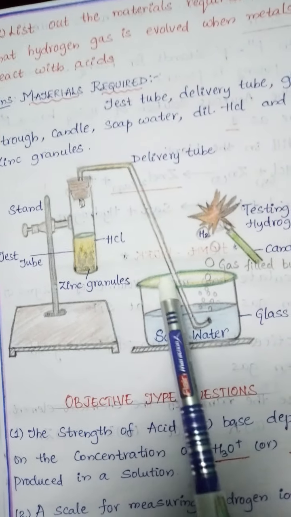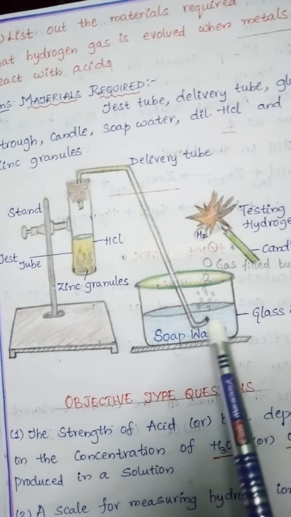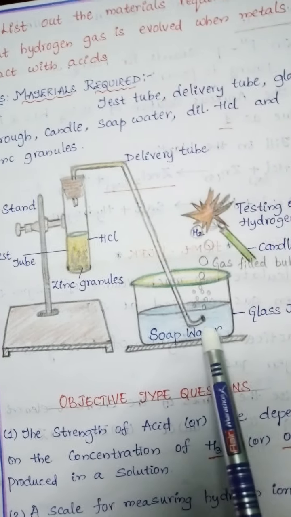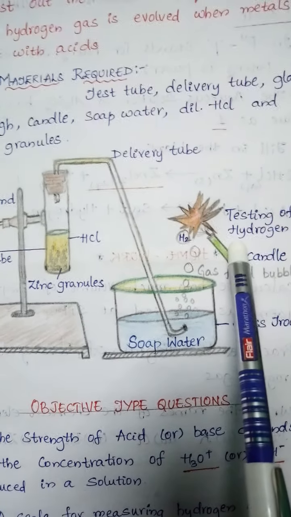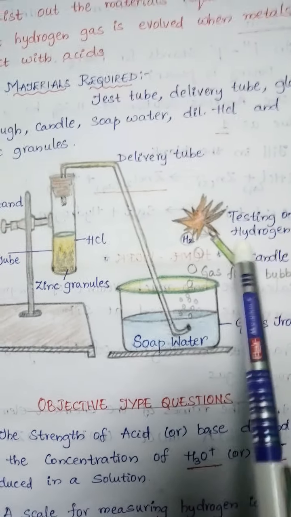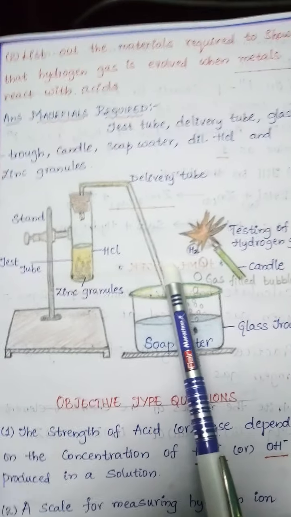If we move to the right, this is a glass trough which consists of soap water. Here this is a candle. These are the different materials which are required for the lab activity of hydrogen gas.